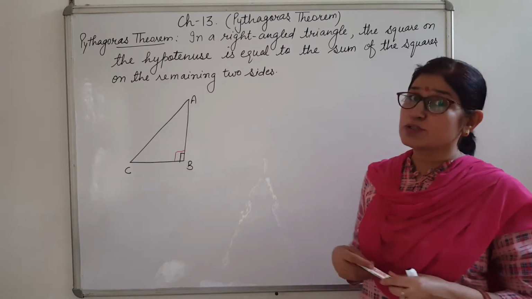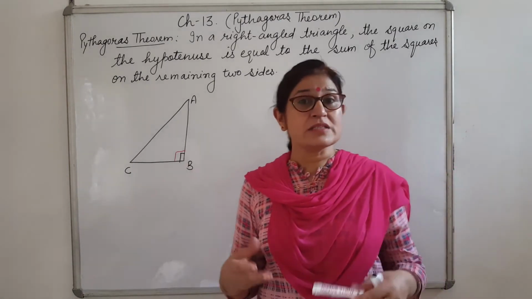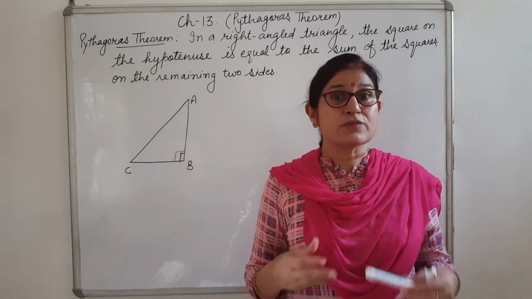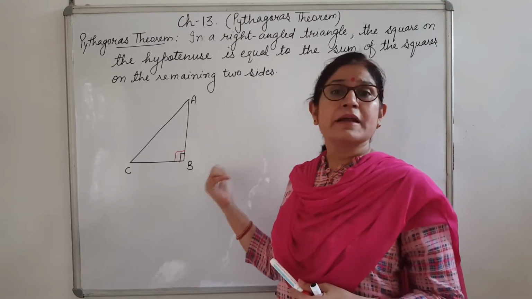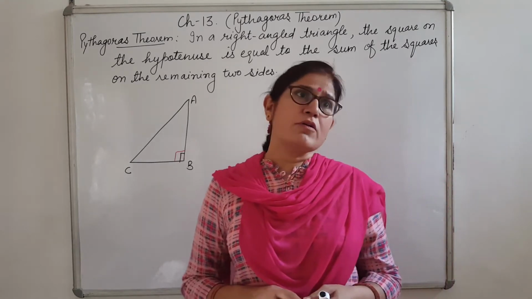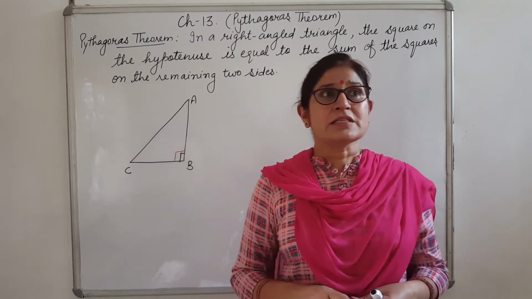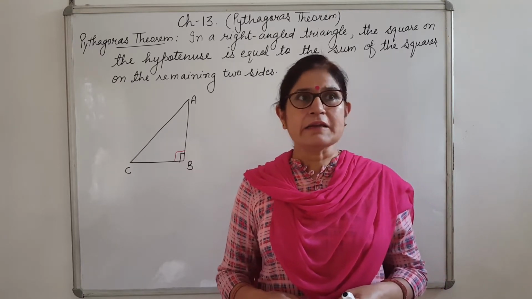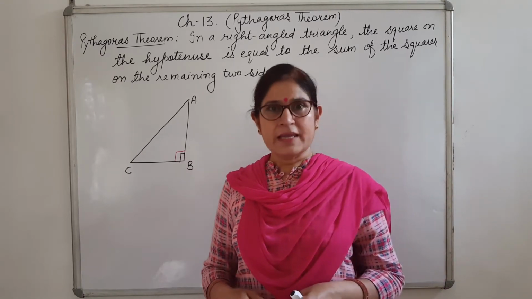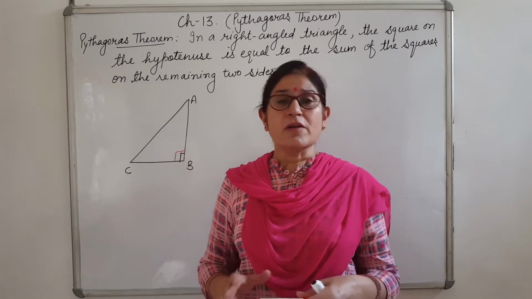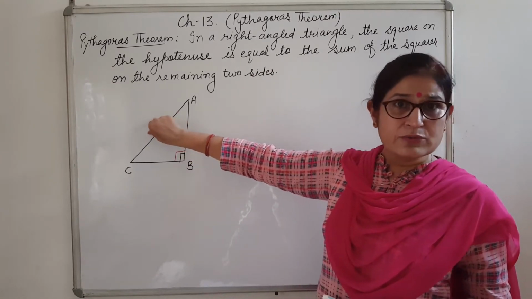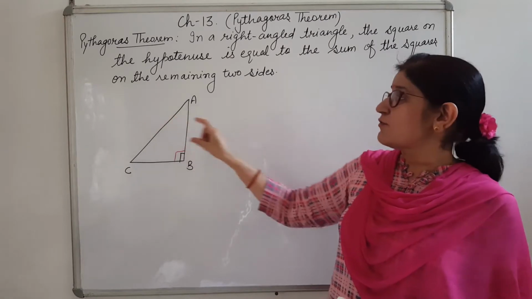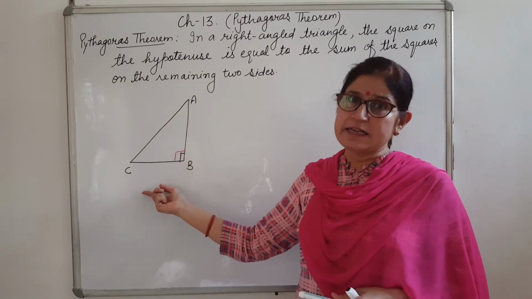Now this Pythagoras theorem, who has developed it, who has found how to go about a right angle triangle? If we go with the history part, in 600 BC, an Indian mathematician Buddhayan developed a relationship between the square of the hypotenuse and the sum of the squares of the other two sides of a right angle triangle.